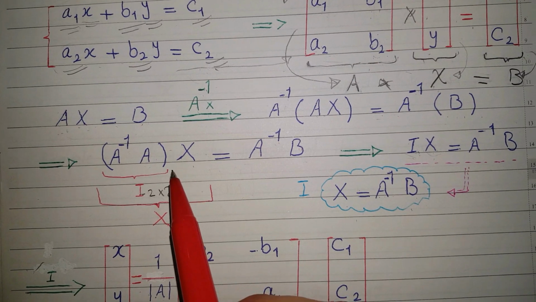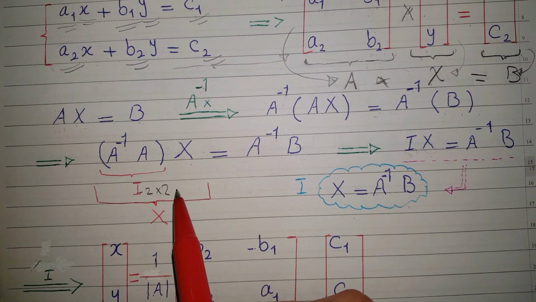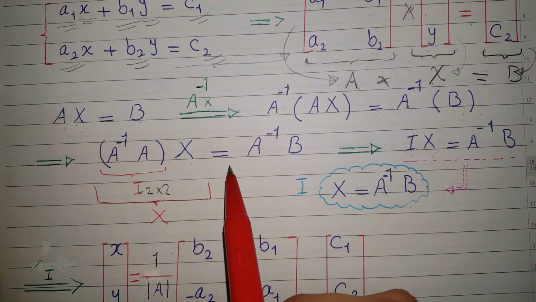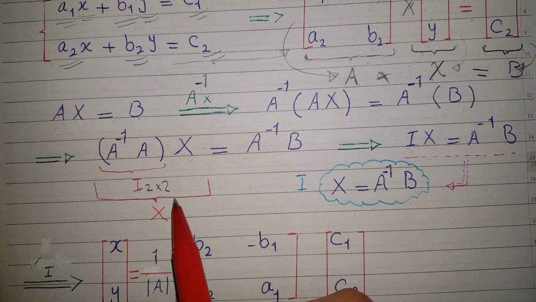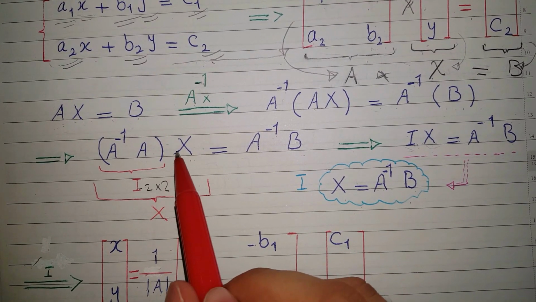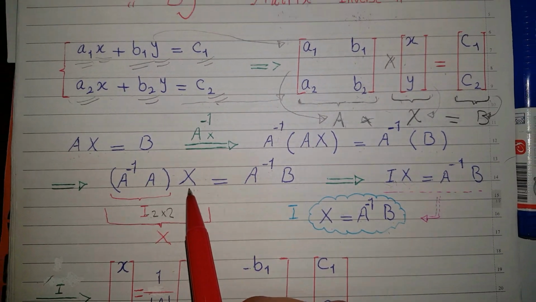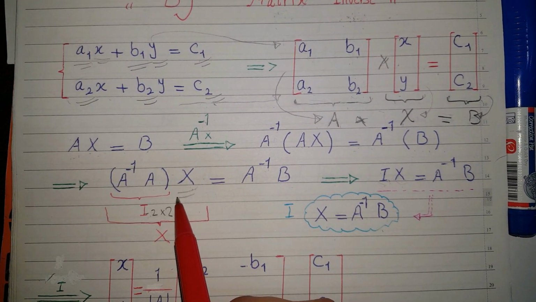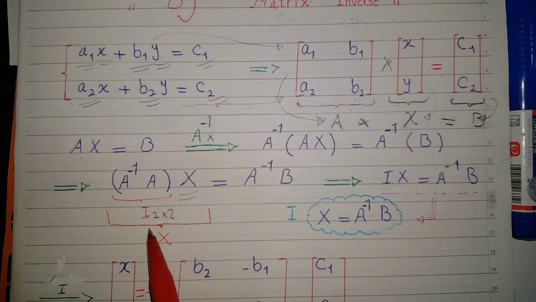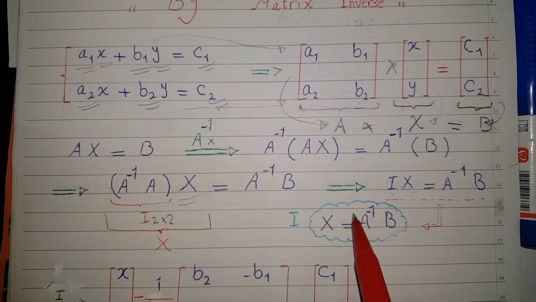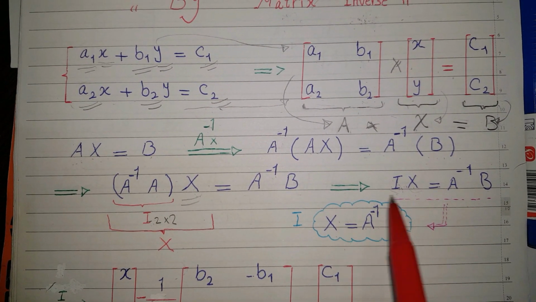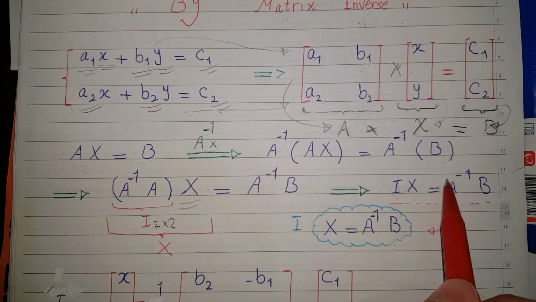If an identity matrix is multiplied by another matrix, the answer is exactly the matrix itself.